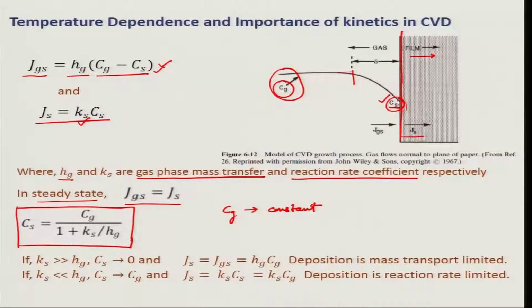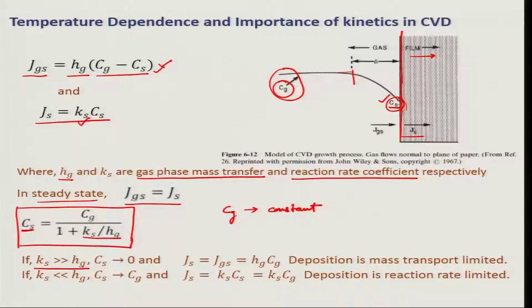Now, the concentration at the surface will depend on the ratio of Ks over Hg, meaning reaction rate over mass transfer rate. Suppose Ks is very high, so the reaction rate is very fast, and we can do that by having an appropriate temperature.